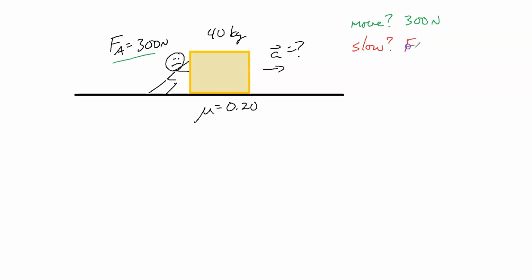And if you remember the expression we had for friction, friction is mu Fn. So I need to find my Fn. And of course, in this circumstance, the Fn is between the box and the ground, and the Fn is because of the weight of the box. So if I find the mg for my box, this will give me my Fn.